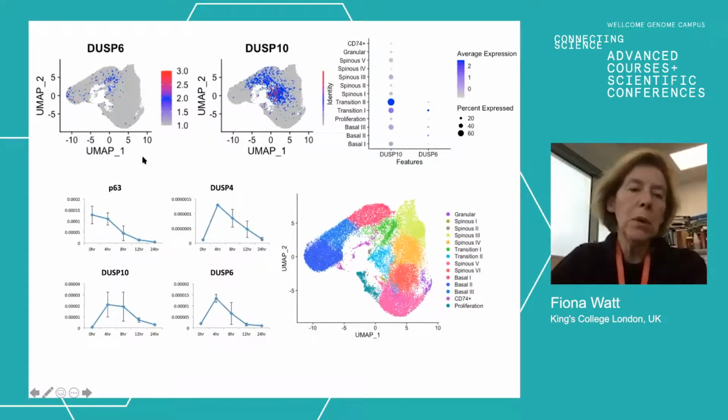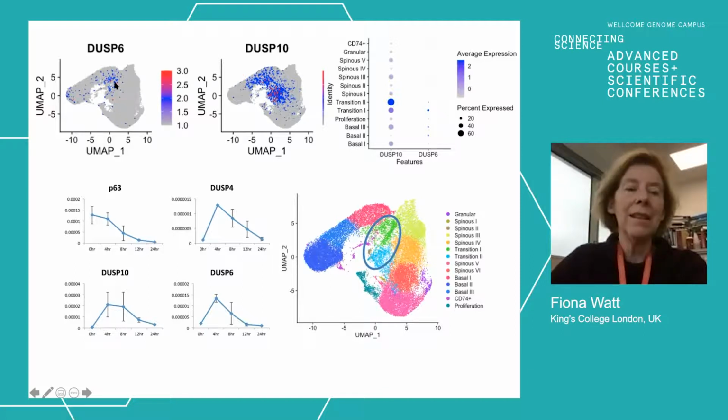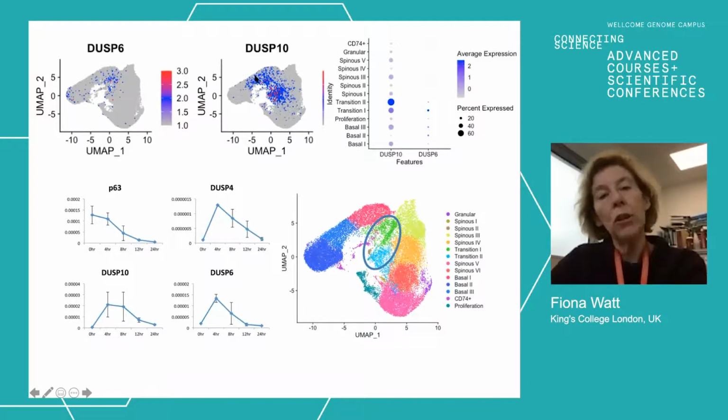Well, of course, we wanted to know if DUSP6 and DUSP10 appeared on the UMAP plot, and if so, where. And you can see I've shown the 2 transition populations circled here, and DUSP6 and DUSP10 do indeed map where we would predict.